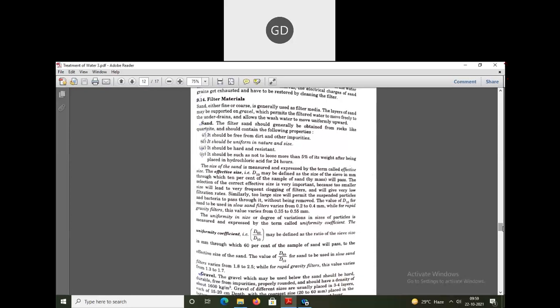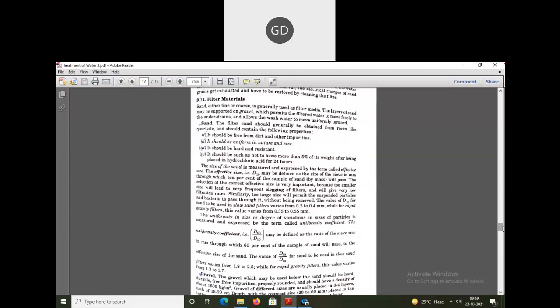This filter sand has some properties. What are those properties? The sand should be free from dirt and other impurities. It should be uniform in nature and uniform in size. It should be hard and resistant.